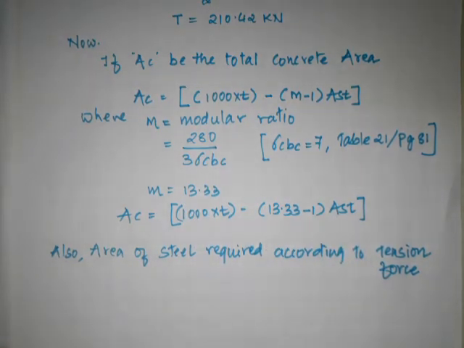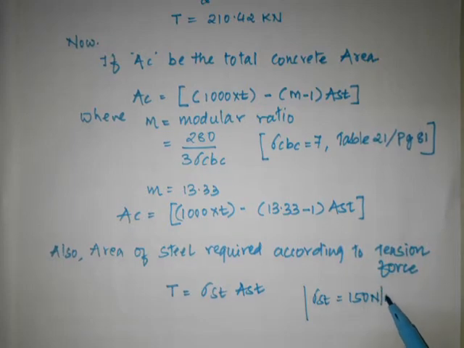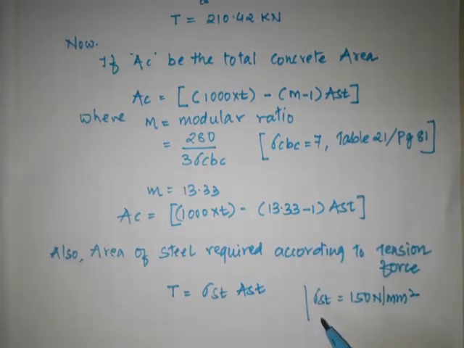So we get T is equal to sigma ST into AST. Here sigma ST, as per code, is 150 Newton per mm square. This is fixed. The value of sigma ST is equal to 150 Newton per mm square.